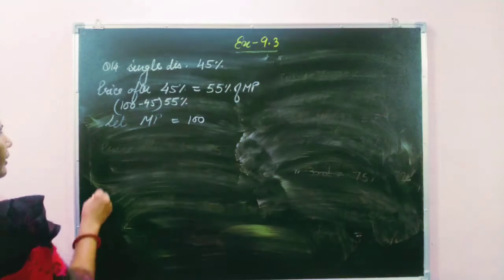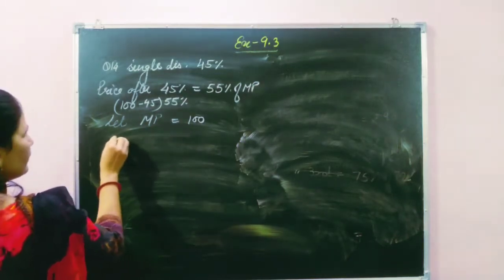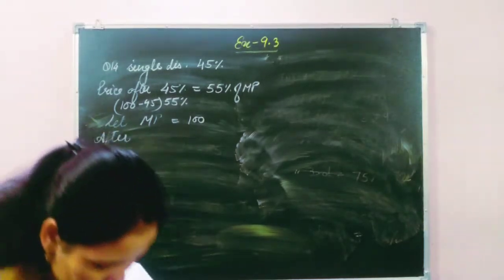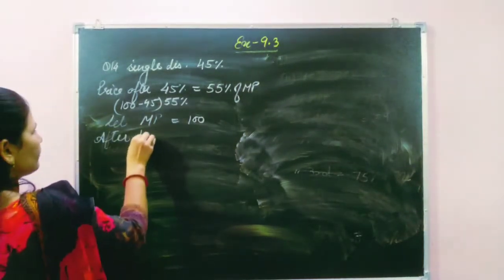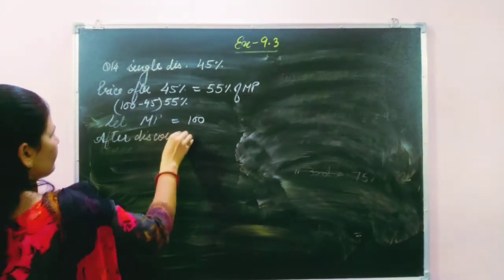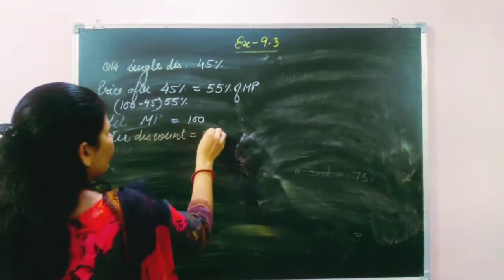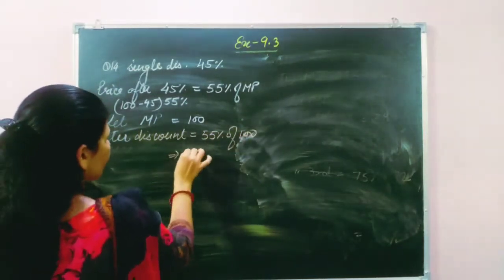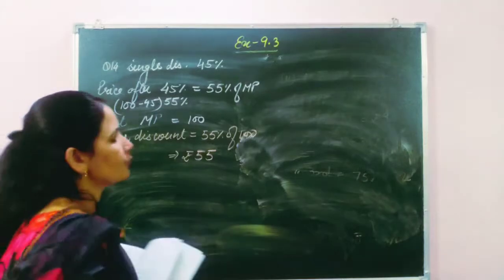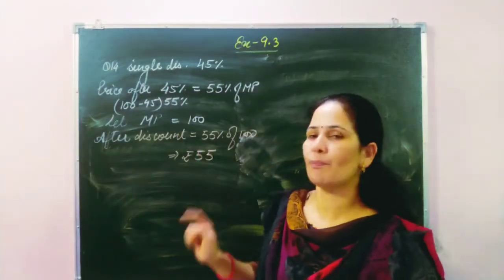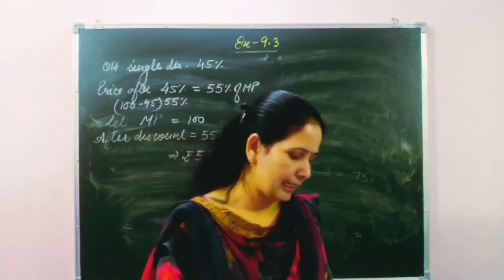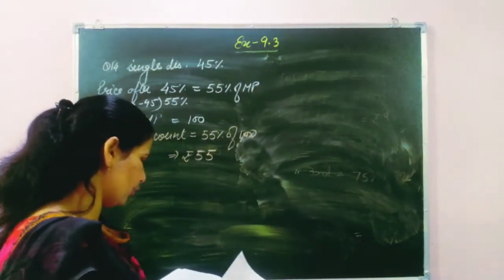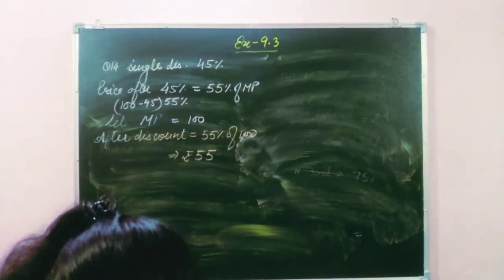Mark price is 100. So the price after discount, that means 55% of 100, that is rupees 55. This is the first case. Here we have applied a single discount, but then after, they are asking if they applied the continuous discount for this one, then how to solve this?